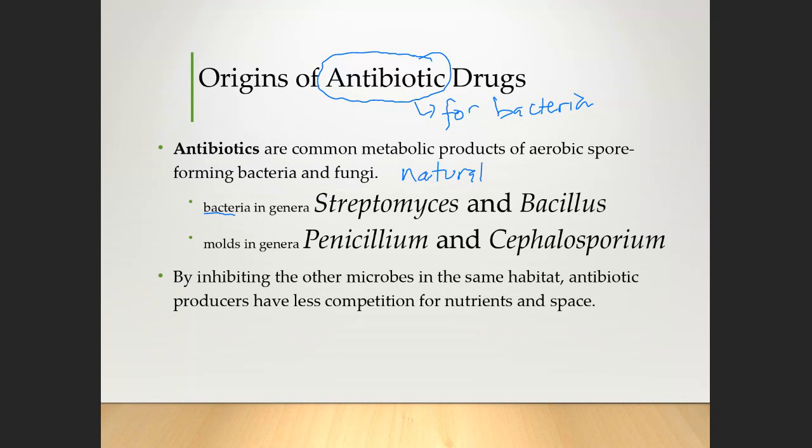For example, Streptomyces produce a drug or antibiotic called streptomycin. Bacillus maybe produce another type of antibiotic like bacitracin, for example. This is bacteria.